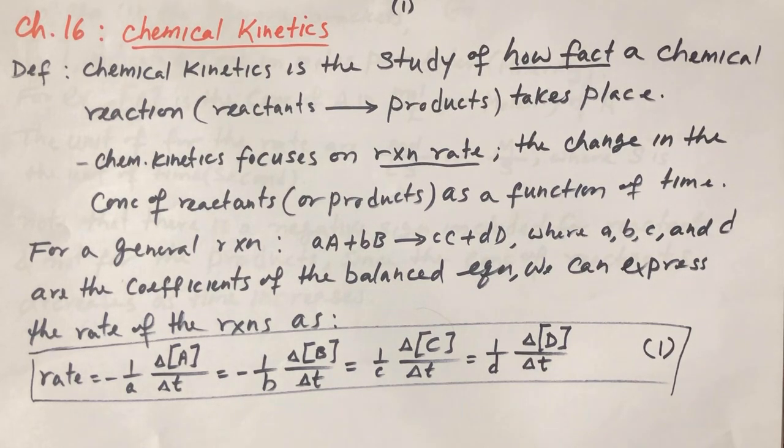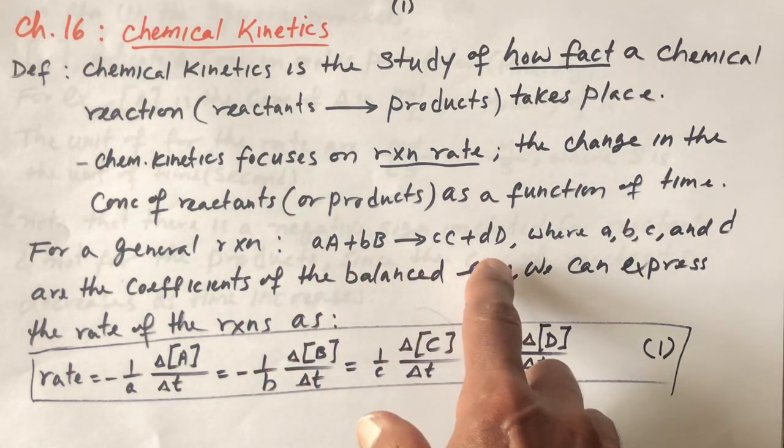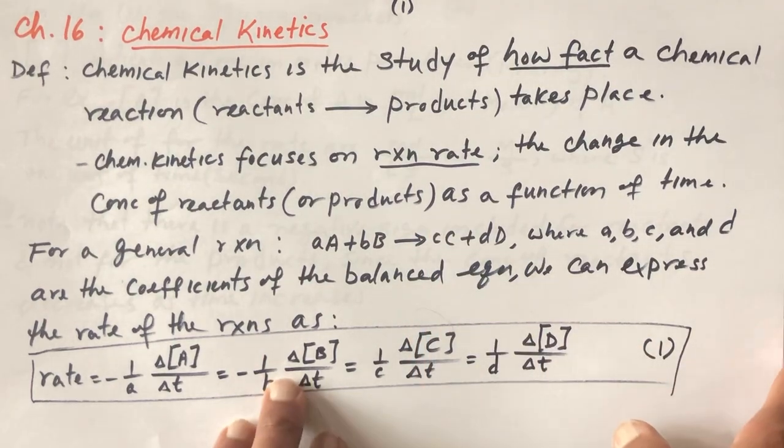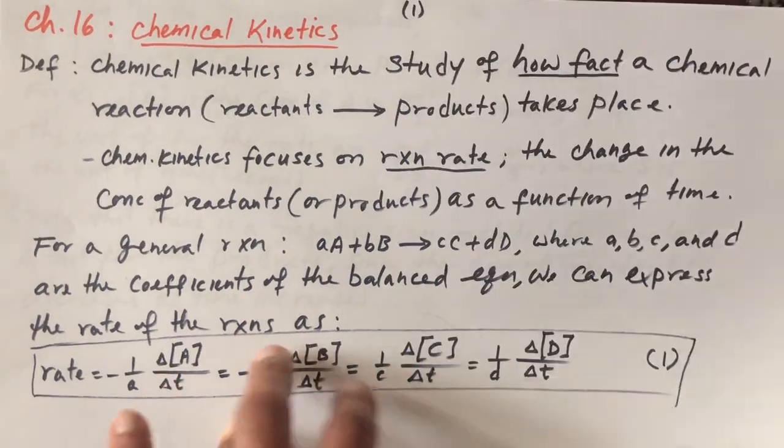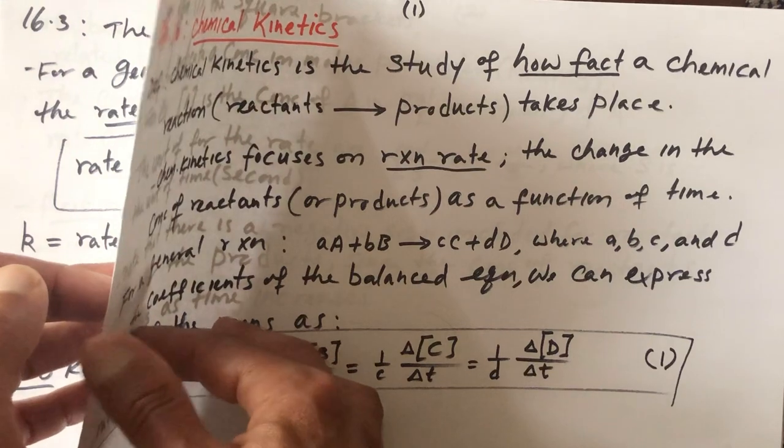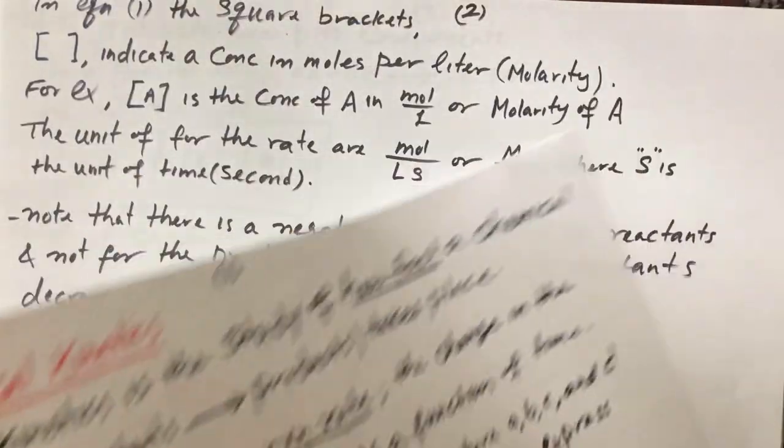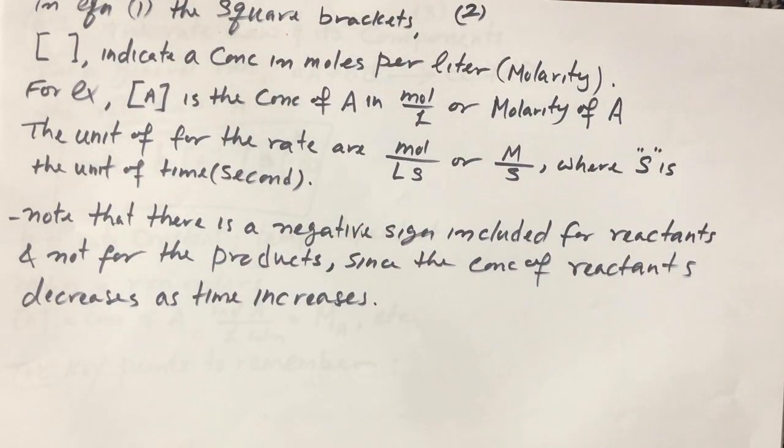Okay, so it's a good idea to know this expression for the rate of any general reaction given here. Let's go to the next page. The next page walks you through the notation that we have used for equation 1.